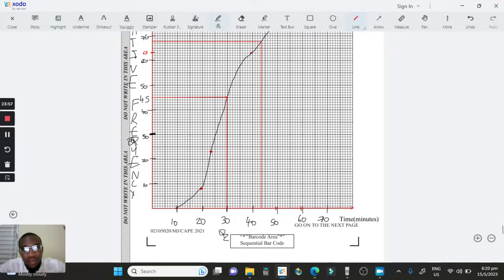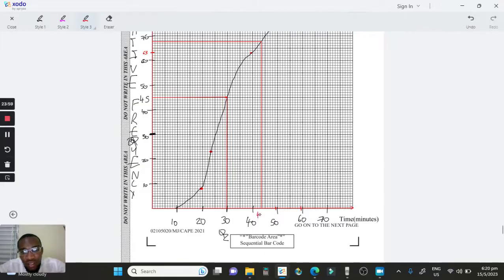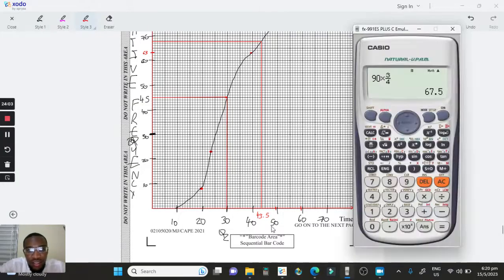All right, so that's my upper quartile, 43.5. Now my lower quartile is this amount now. I just divide it by 3, and that is now 22.5. You're probably wondering, why did I divide by 3? What I actually did was multiply 90 times a quarter. That's how you find the lower quartile.